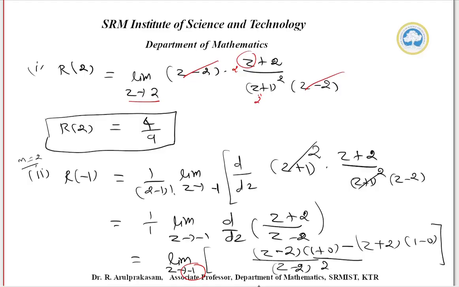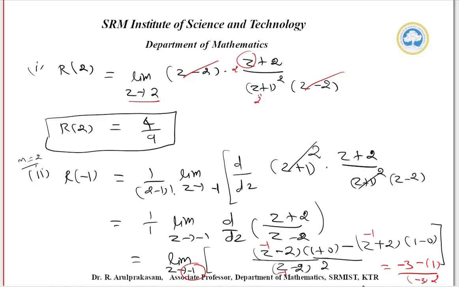So what is the answer I am getting? Substituting minus 1, the first term gives minus 3. So I am writing here minus 3, and the second term is plus 1. So I am getting minus of 1 divided by, minus 1 minus 2, nothing but minus 3 whole square.